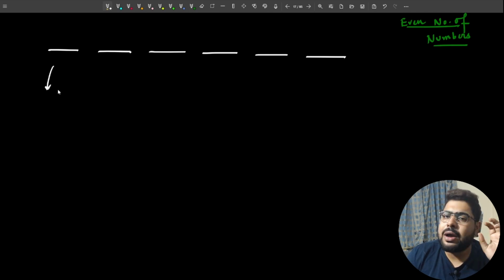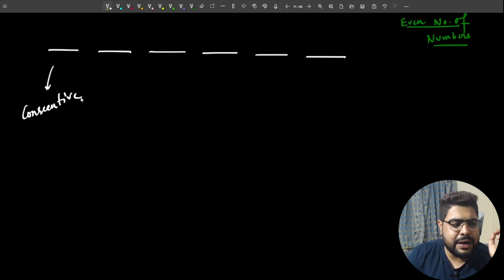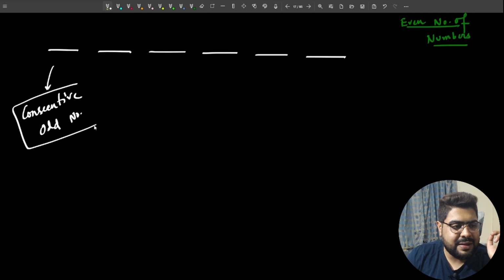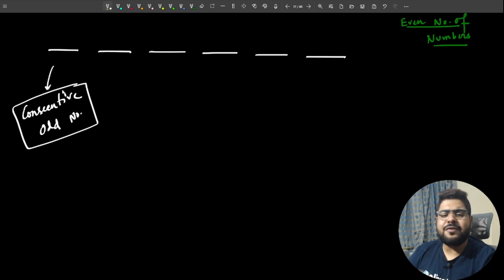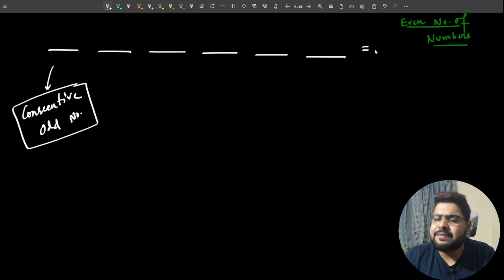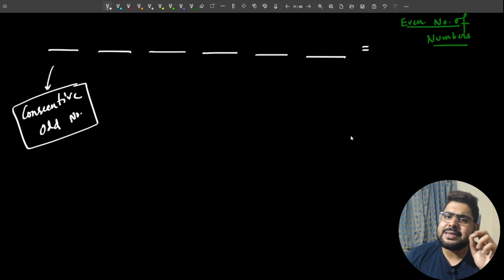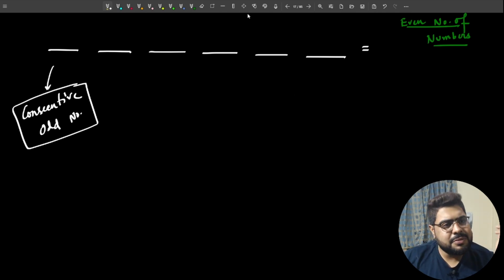Sorry, last time we took consecutive odd numbers, so let's take odd numbers. Consecutive odd numbers. The sum or the average is given, let's say. So there are 6 numbers, and the average is, say, 18.